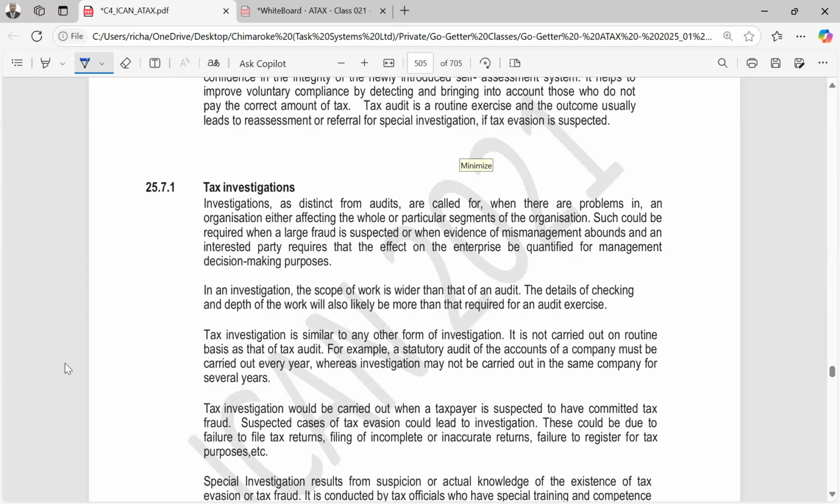They are only called for when there is a particular problem of fraud, large fraud, or a criminal act is perpetrated. And they are going to be called on to investigate to see for possible prosecution and arraignment. All right, so the scope of work will be bigger than that of the audits.